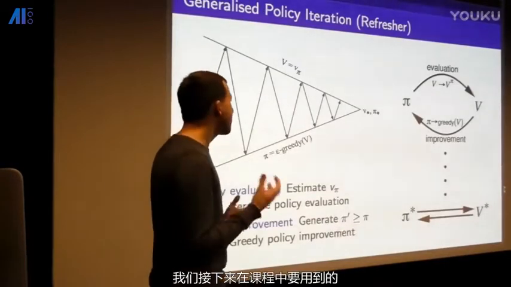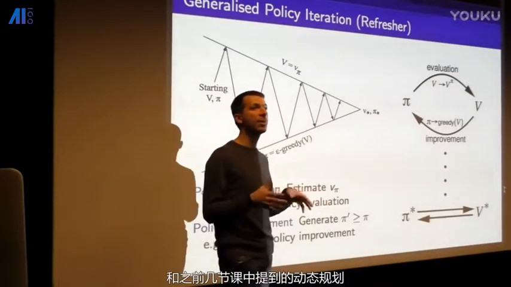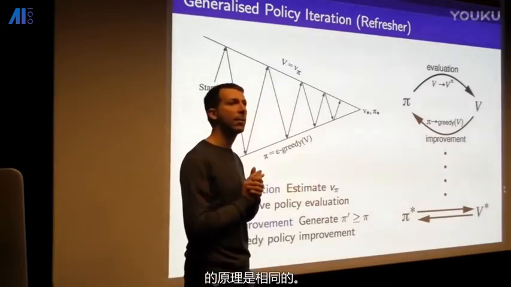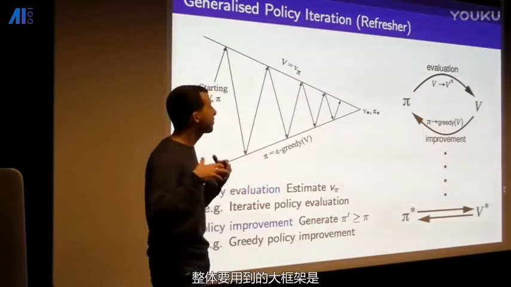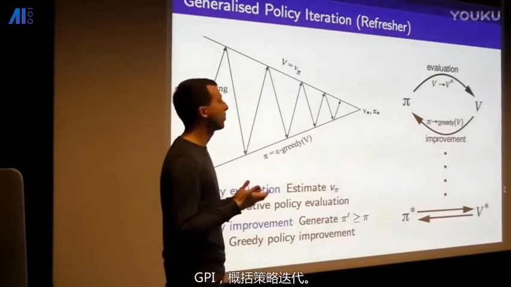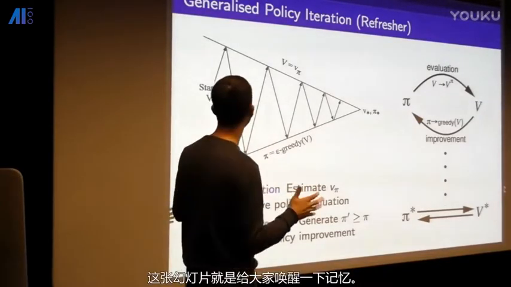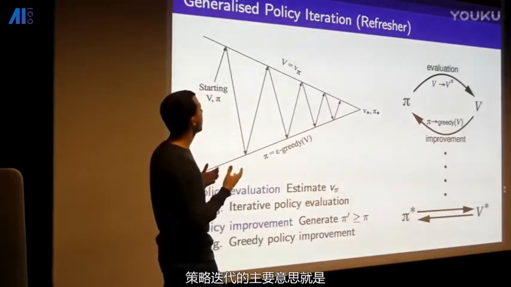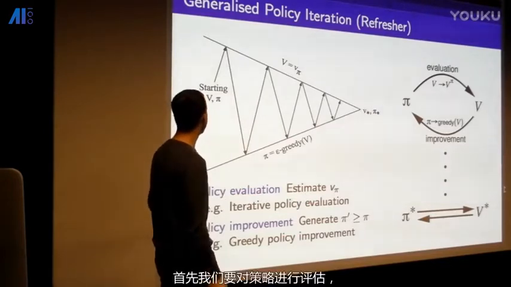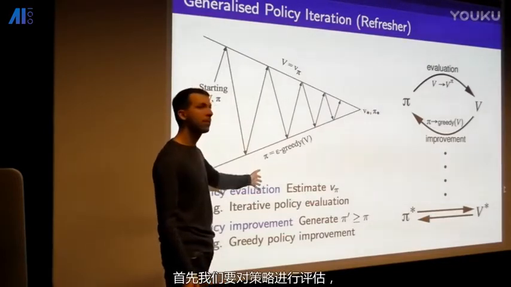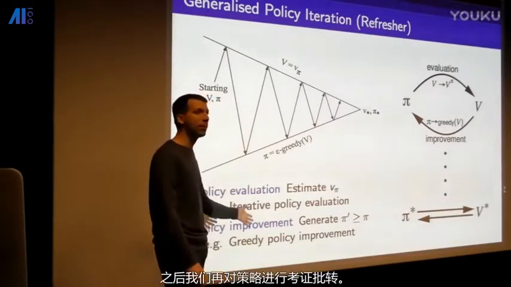Okay, so we'll start with the simpler case, on-policy learning. And the main idea that we're going to use throughout this course is the same idea that we saw a couple of lectures ago when we were doing dynamic programming. It's the basic framework of generalized policy iteration. So just a quick refresher slide. The main idea in policy iteration is to alternate between two different processes, where first of all we evaluate a policy, and then we improve that policy.